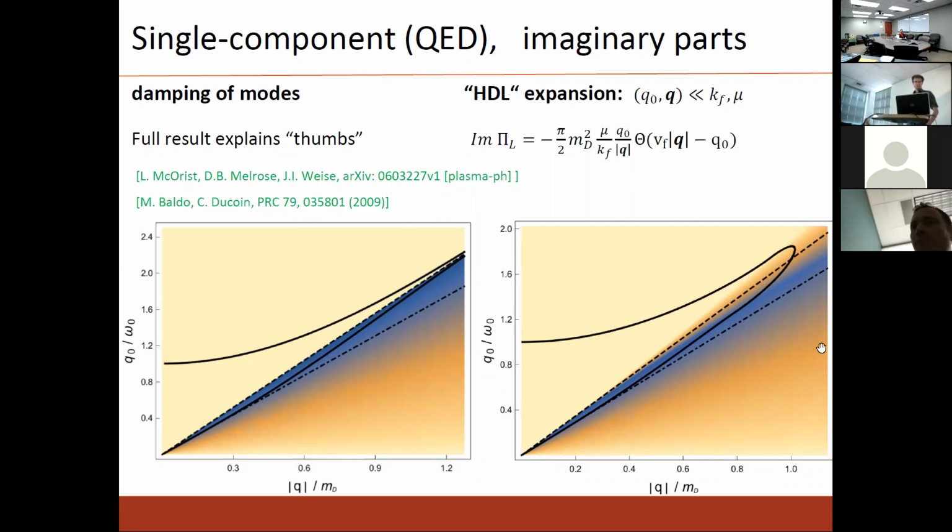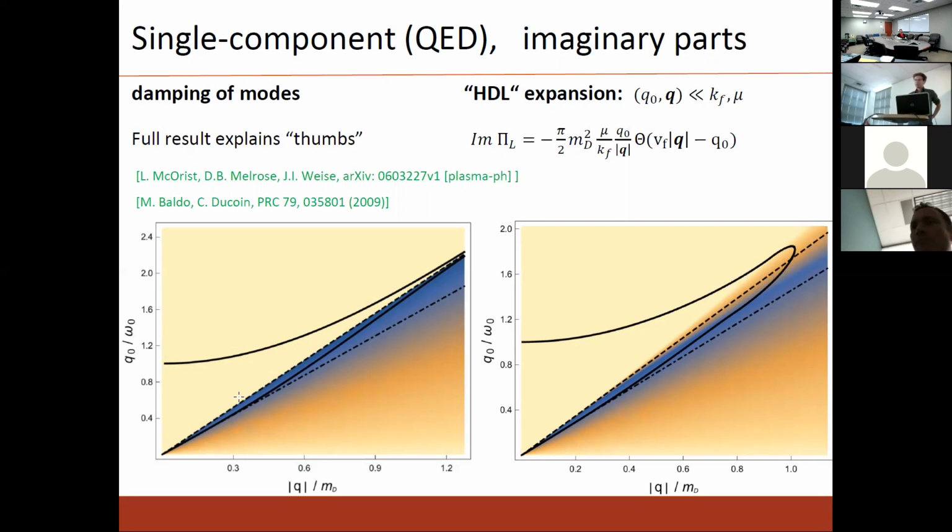That's what you can see on the left-hand part of this picture for electrons. It's kind of unphysical to assume that when you come from a time-like region from above, where the system is unscreened, the system will abruptly become strongly screened. In the background of this plot, you see the density of the imaginary part. It peaks around that line vF times q.